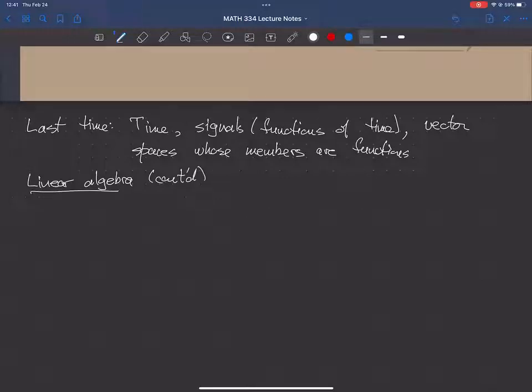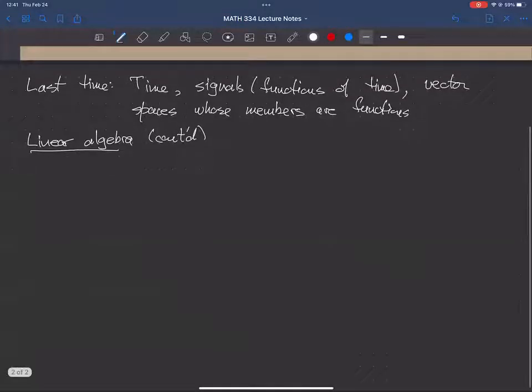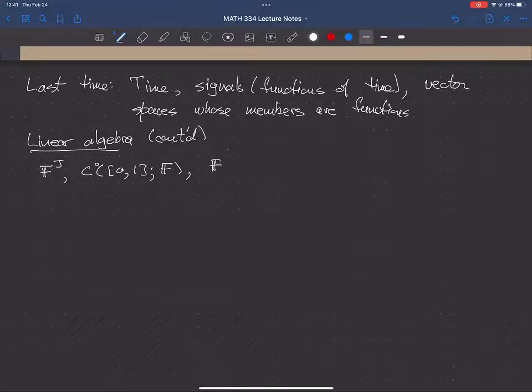Okay, so last time we had these examples of vector spaces again, which were functions, and we looked at a couple of examples. Let me remind you what those were. One example in particular had a couple of incarnations.